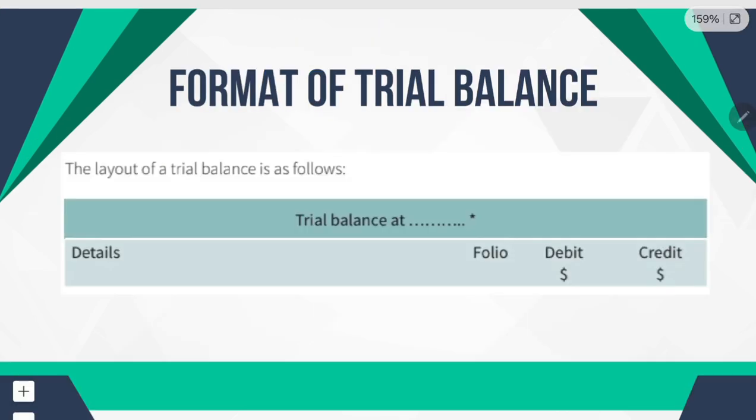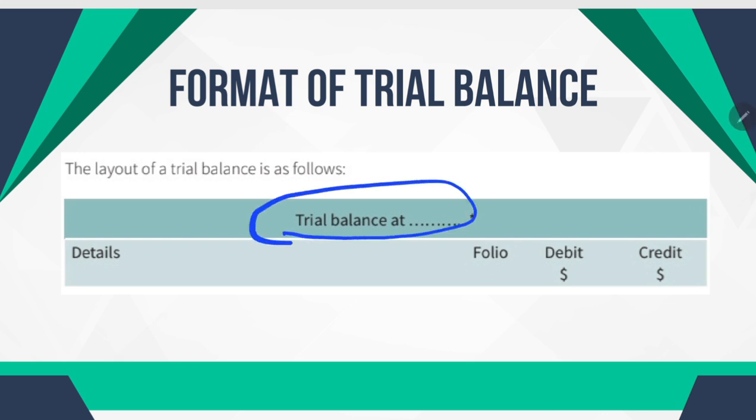Now let us look at the format of a trial balance. When preparing a trial balance, the first step is to write the heading. Here we have different columns: details, folio, debit, and credit.